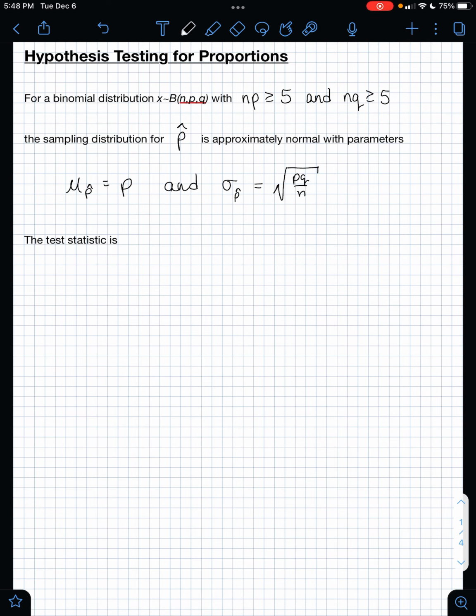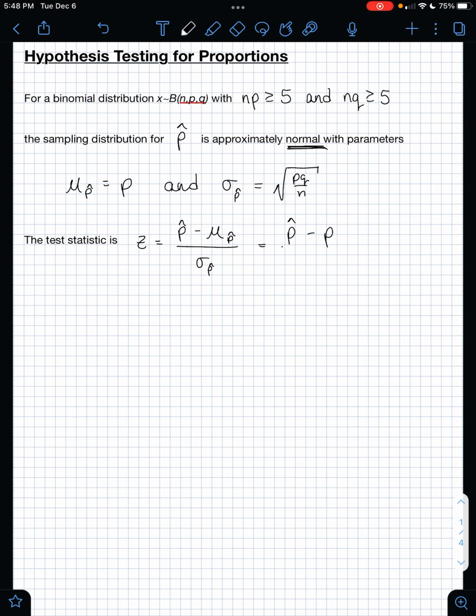Since we're looking at a distribution that is approximately normal, we're going to use z-scores. So our test statistic will be a z-score, and the way we calculate a z-score, of course, is to take our sample statistic minus the mean of the distribution, over the standard deviation of the distribution, which in this case ends up looking like p hat minus p over the square root of pq over n.